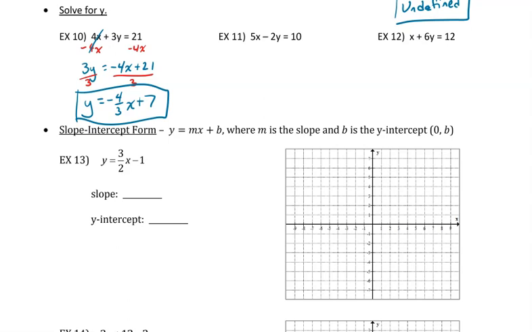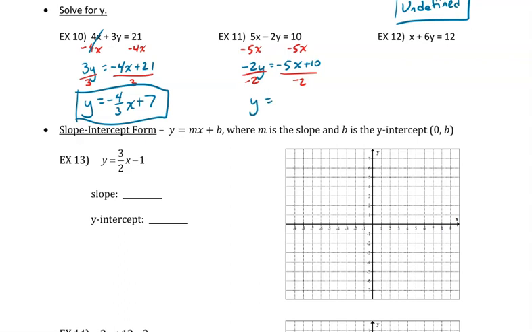All right, let's try again on number 11. So again, move the x first. So minus 5x from both sides. We get negative 2y equals negative 5x plus 10. Divide both sides by negative 2.